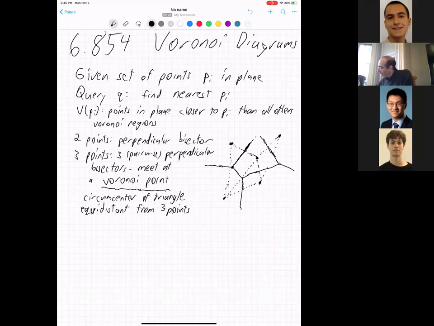Sorry, fighting my eraser. Right? So as I add more and more points, I'm going to end up creating polygons that are the Voronoi regions of particular points.